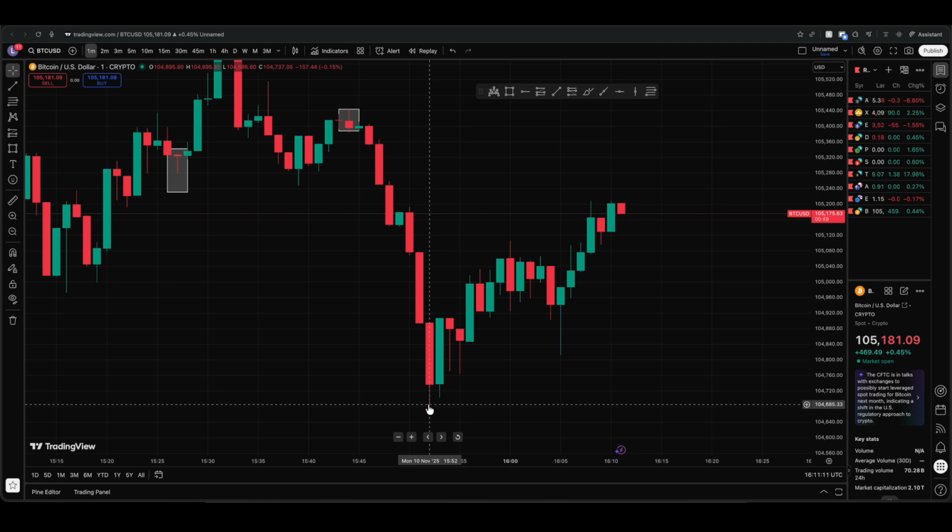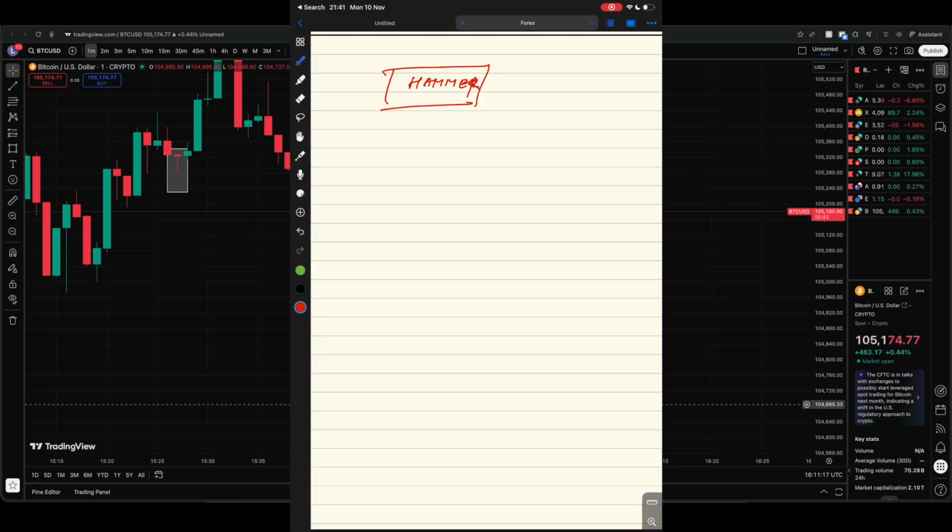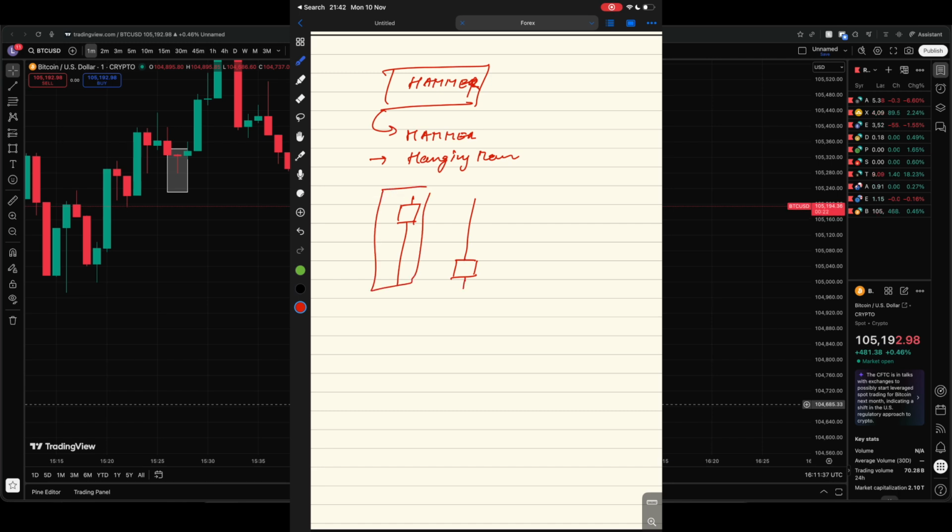So now let's move on to my iPad screen so that I can explain it in a better way. So, hammer. There are basically two hammers.